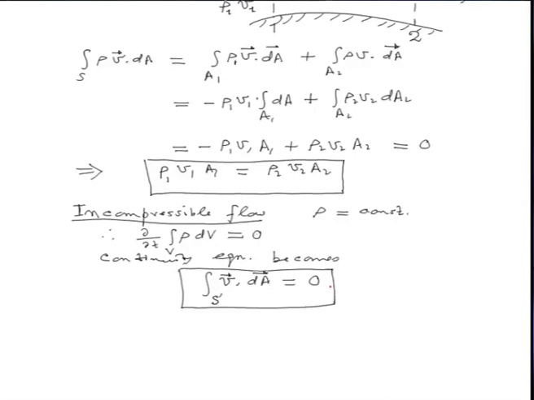Okay. So, now let us stop here as far as the integral forms are concerned. These integral forms are important because we require them in CFD if we are using the finite volume method.